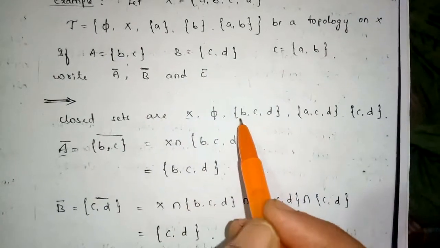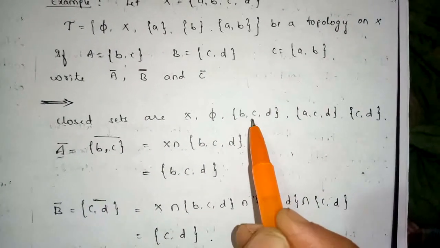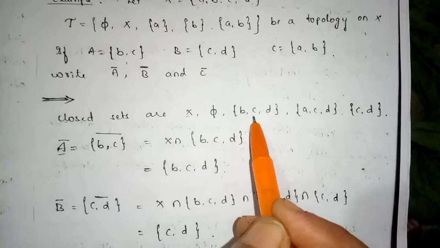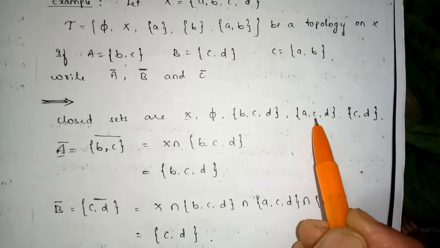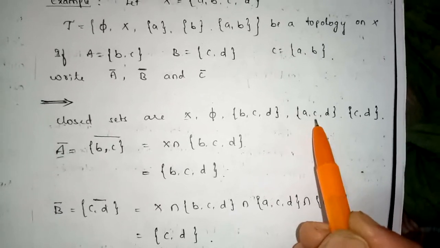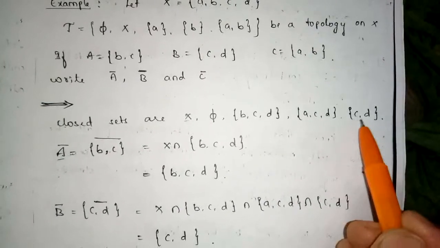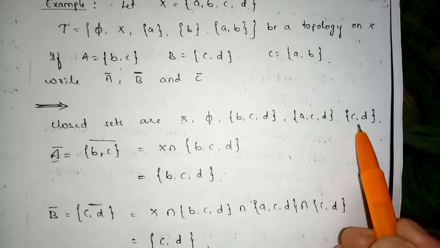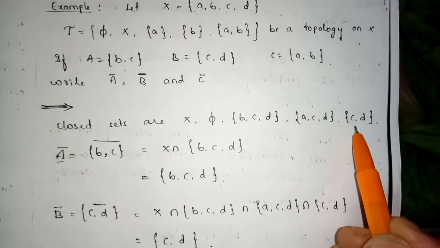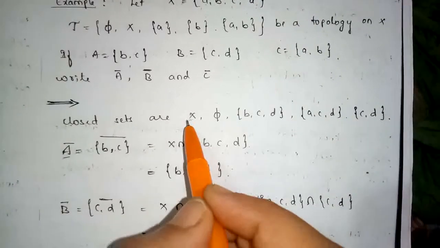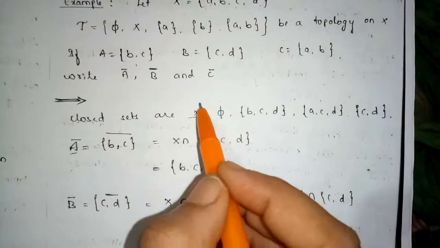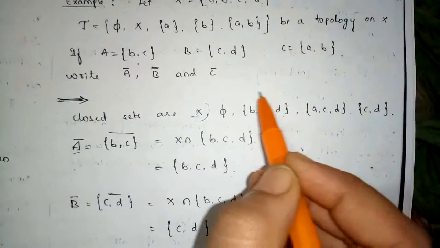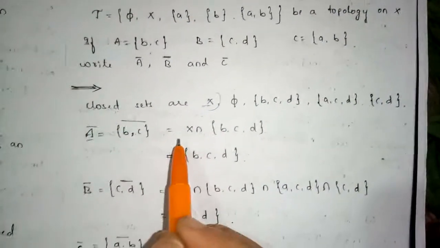In {B, C, D}, B and C are present, therefore it is a closed set containing A. In {A, C, D}, it contains only C, not B, therefore it is not a closed set containing A. {C, D} is also not a closed set containing A. Therefore, the closed sets containing A are X and the set {B, C, D}.